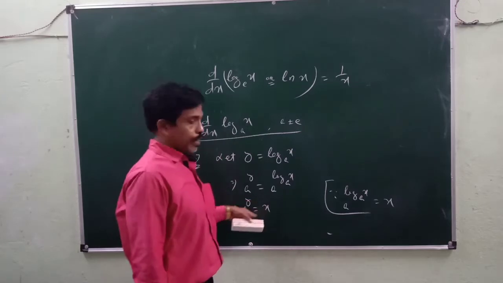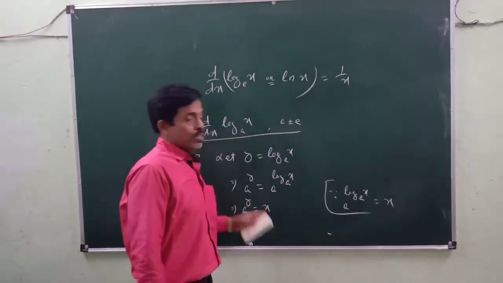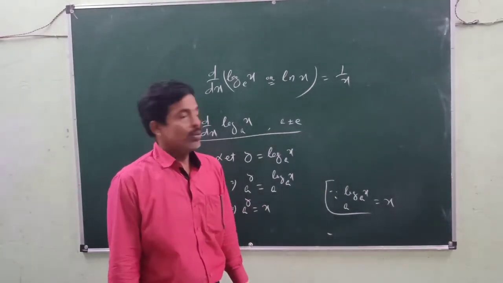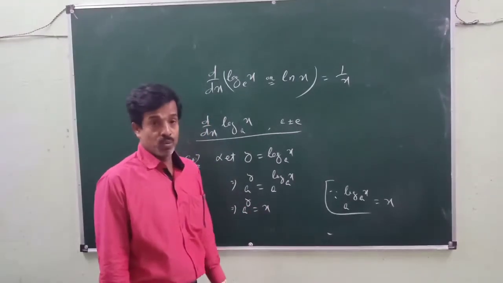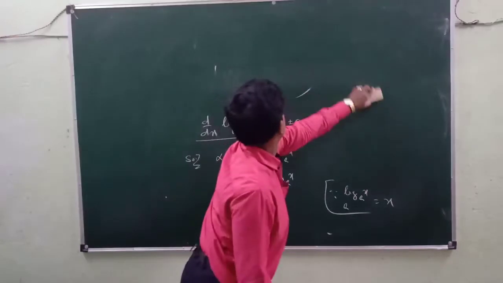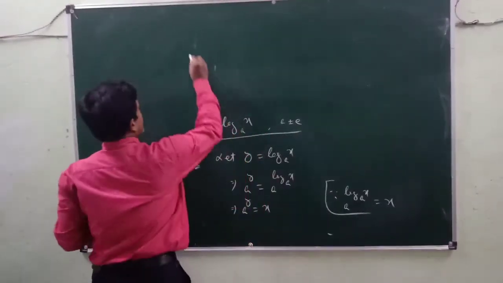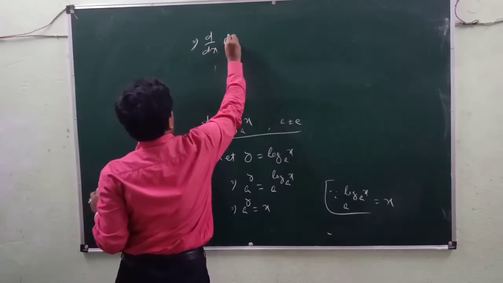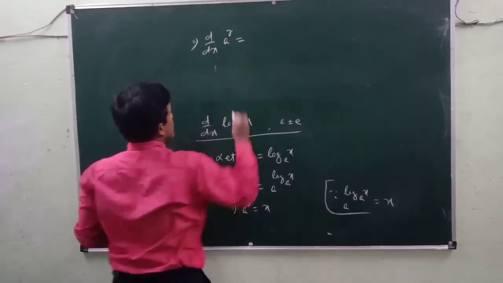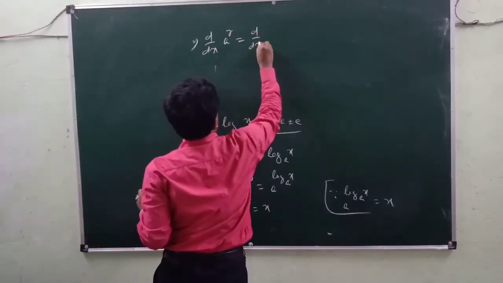Now it is an equation. From this equation we find dy by dx. That means we take the derivative with respect to x on both sides. That implies d by dx of a to the power y equals d by dx of x.